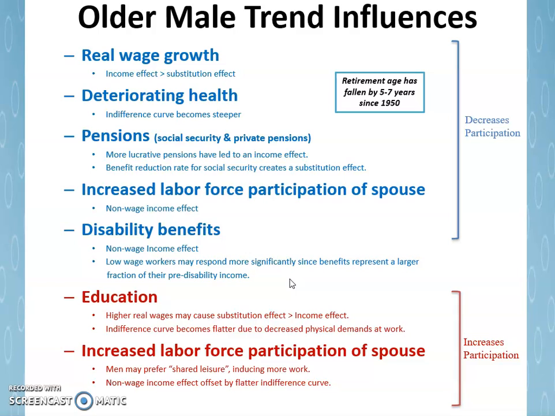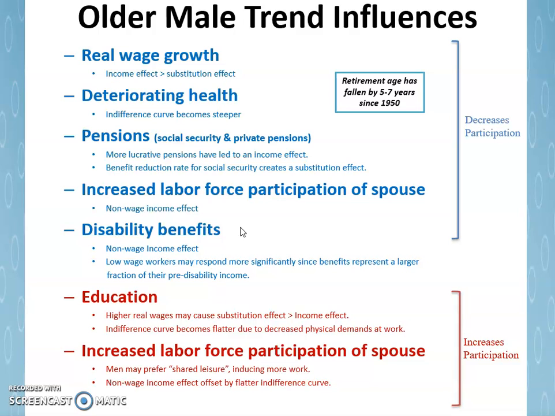But if you make $100,000 a year, you might only get $25,000. As a result, the lower wage worker gets half their income replaced by the program, whereas the higher income worker only gets 1/4 of their income replaced.